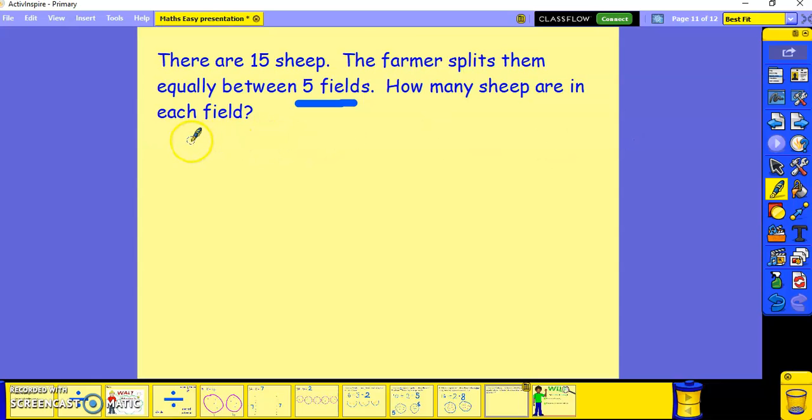Okay, so I know that I started off with 15 sheep. I know that I am sharing between 5 fields.